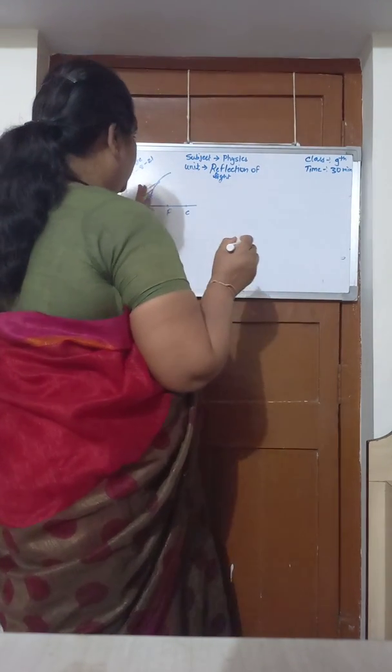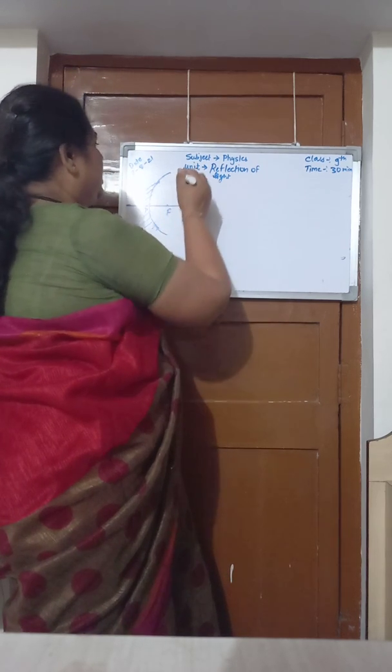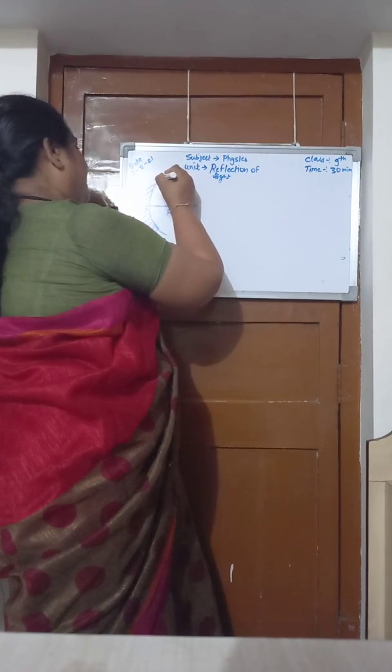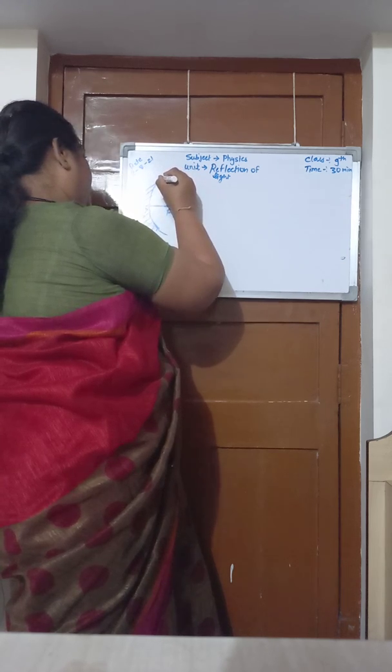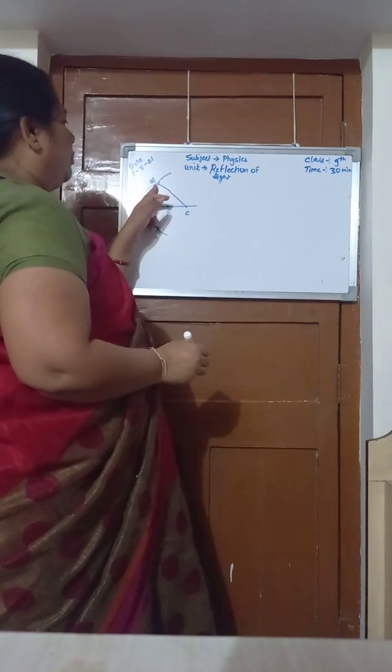When incident rays, consider this figure here. Q is the point on the mirror.